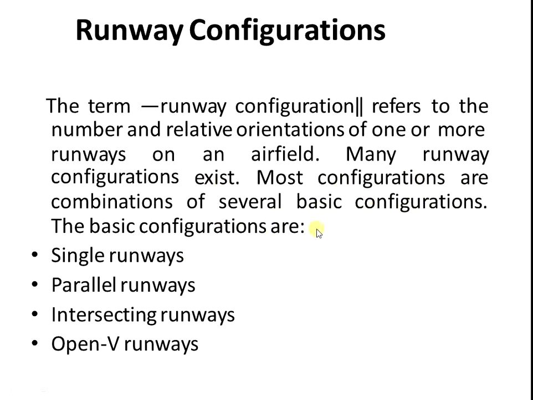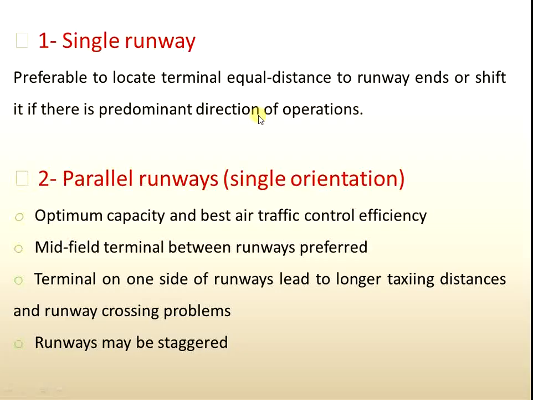The basic configurations are single runways, parallel runways, intersecting runways, and the last one is open V runways. These are the types of runways. We will see them one by one in detail.